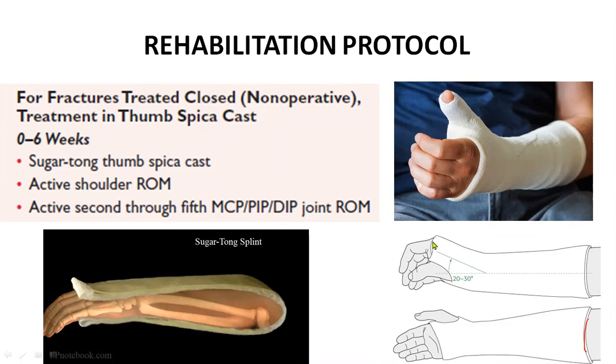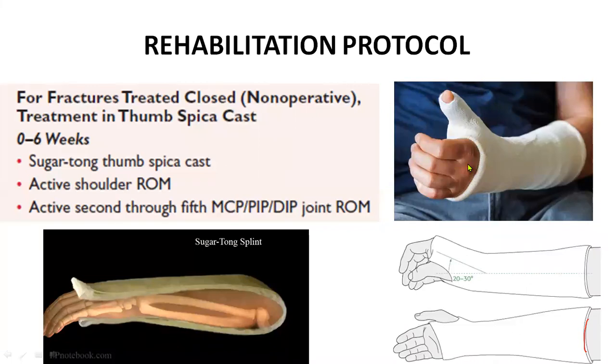metacarpophalangeal joint, which is the MCP joint. So it means the MCP joints will be free to move. Like you can see in the top right picture, in which there is a white cast on the patient's left forearm.